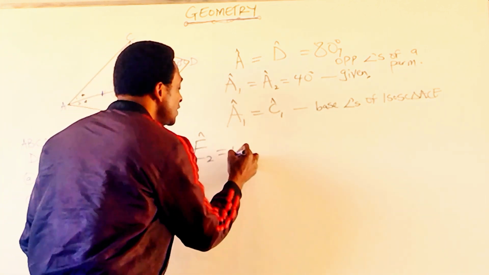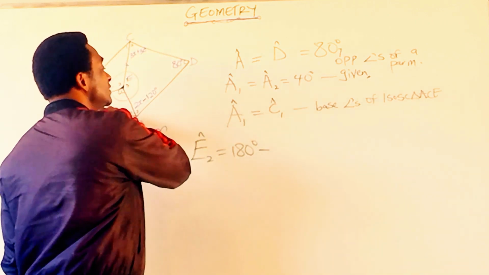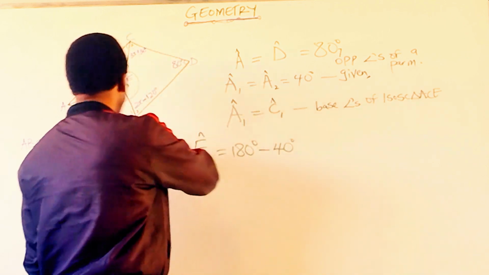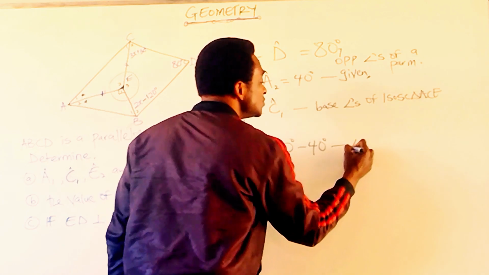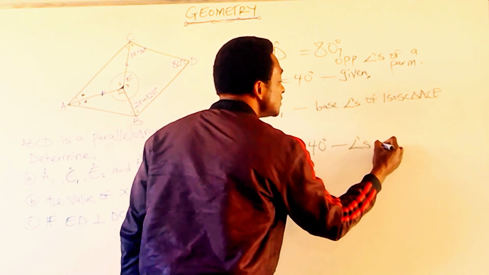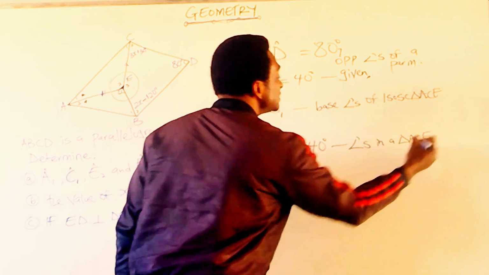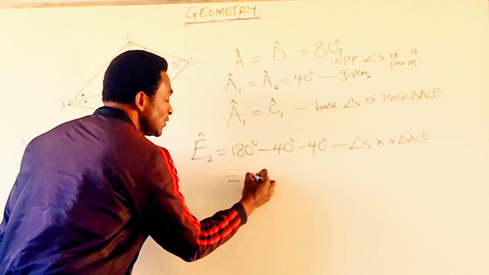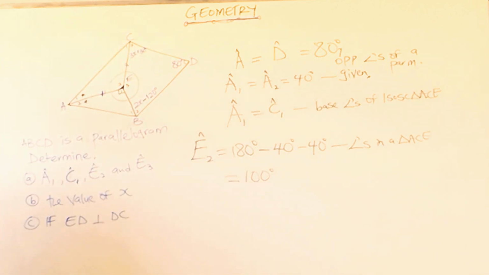So E2 will be 180 degrees minus A1, which is 40 degrees, minus C1, which is equivalent to A1, which is also 40 degrees. We can use sum of interior angles of triangle ACE as our reason. And in that then, our E2 is going to be 100 degrees.